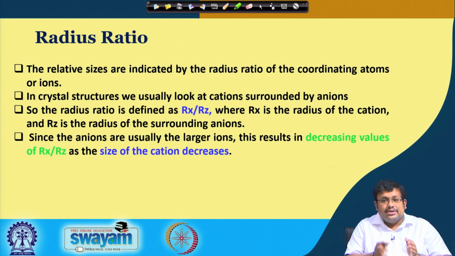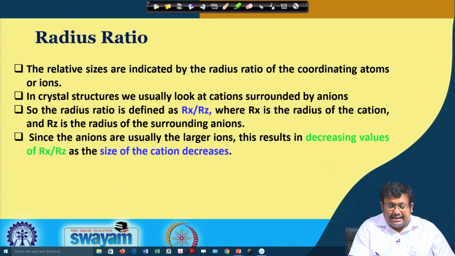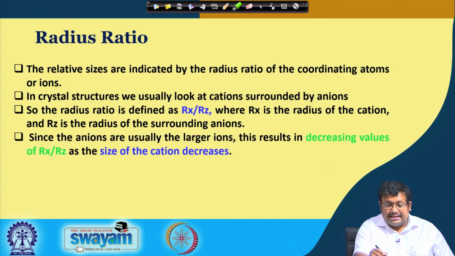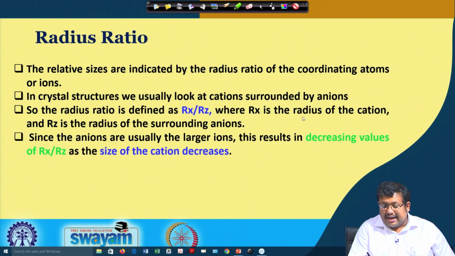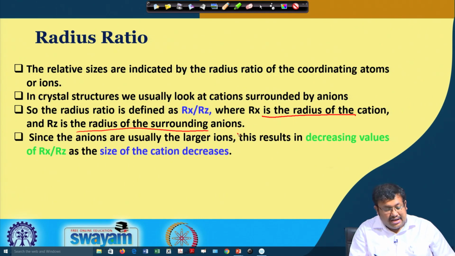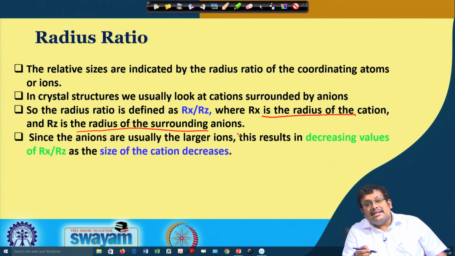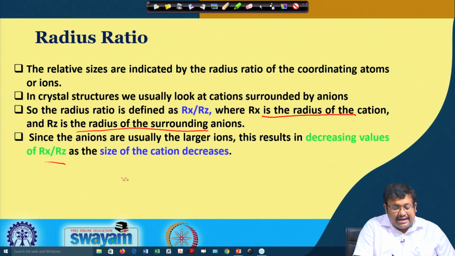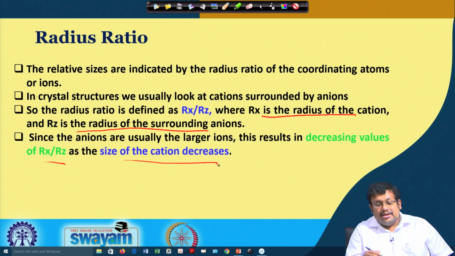The radius ratio is defined by Rx and Rz, where Rx is the radius of the cations, whereas Rz is the radius of the surrounding anion. Since the anions are usually the larger ions, this results in decreasing values of Rx by Rz as the size of the cation decreases. So, this is called the radius ratio.